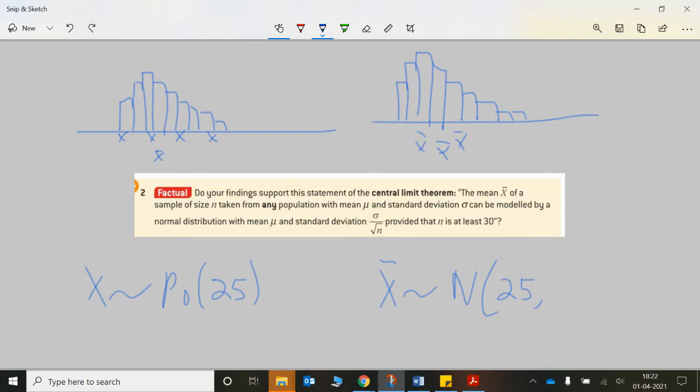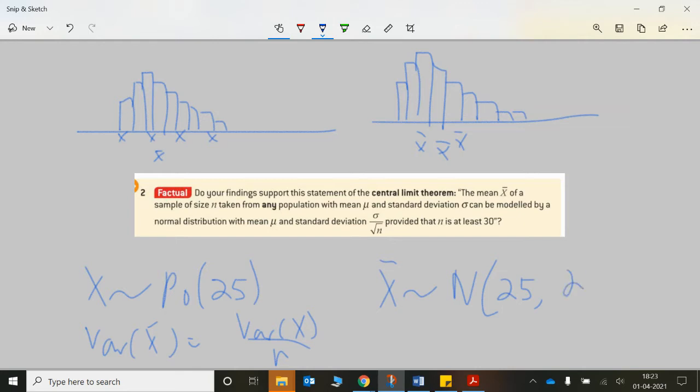And the standard deviation is going to be sigma over n. Well, hang on. What did we say the variance of X bar was? Well, the variance of X bar was the variance of X divided by n. So in fact, this is a formula I would prefer to use. So we can see that the variance of X bar is going to be the variance of X divided by n.